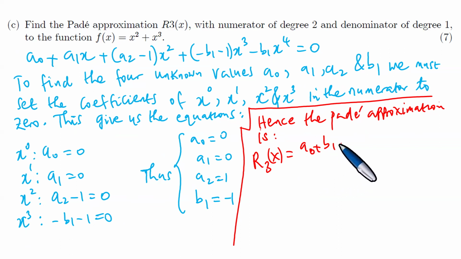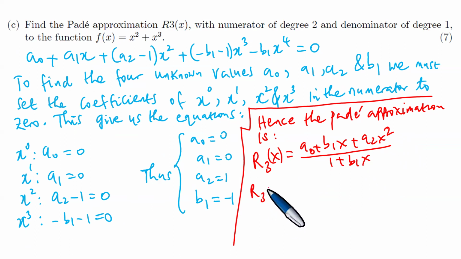So B1x, A1, B1. So now it's 1 plus B1x. What is A naught? A naught is 0.